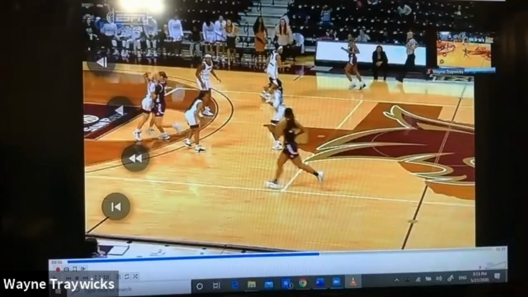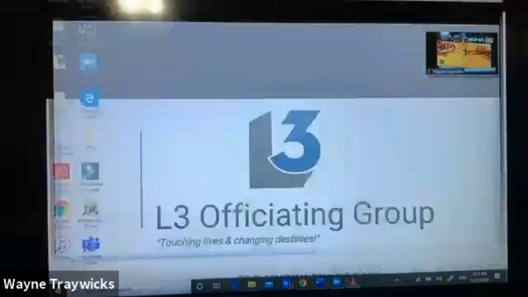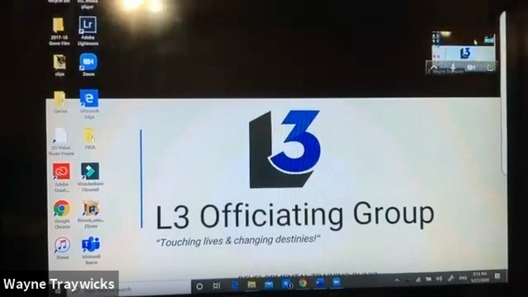You could take these two plays, look at them, and then go out on a court and practice it. Have someone there with a stopwatch and see if you can do it, let's say in a minute and 30, and figure it out and practice it. That's the second piece of it.